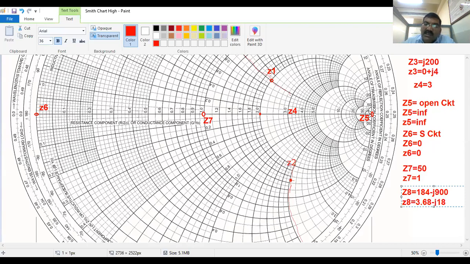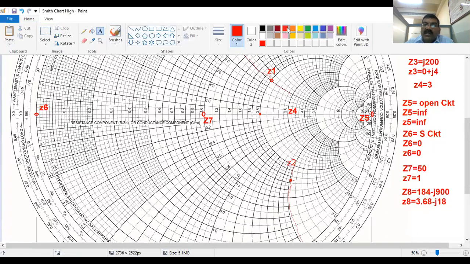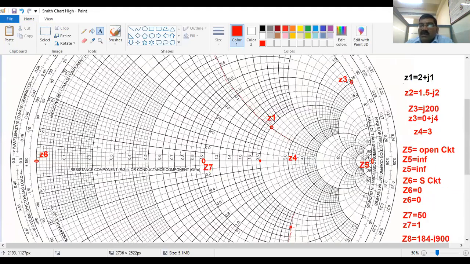Now just see this, this is much more critical. How can we locate this 3.68?